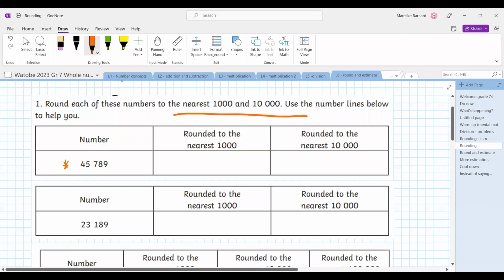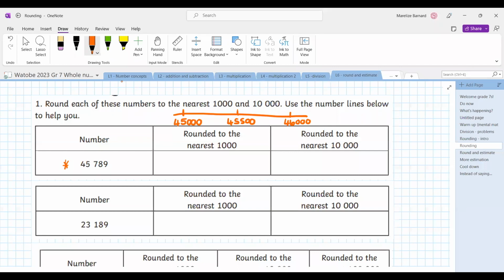And we've got 45,000 over here, 45,500 over here, and then 46,000. Remember, when you're rounding to 1,000, it means your number must be a multiple of 1,000. Can't have any more hundreds in it.